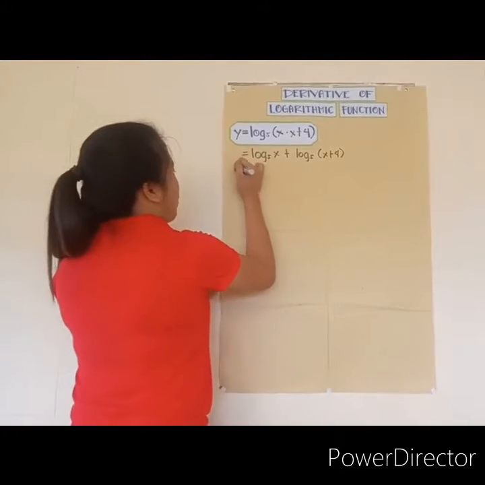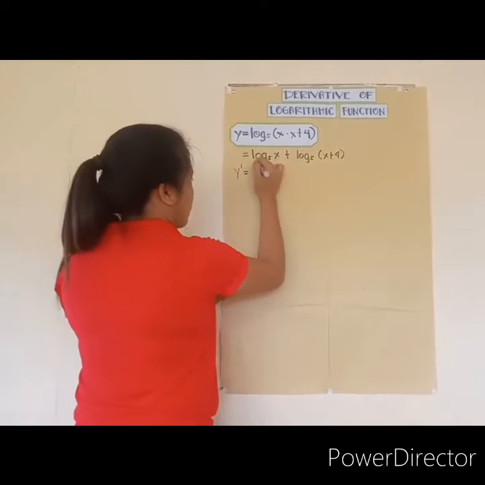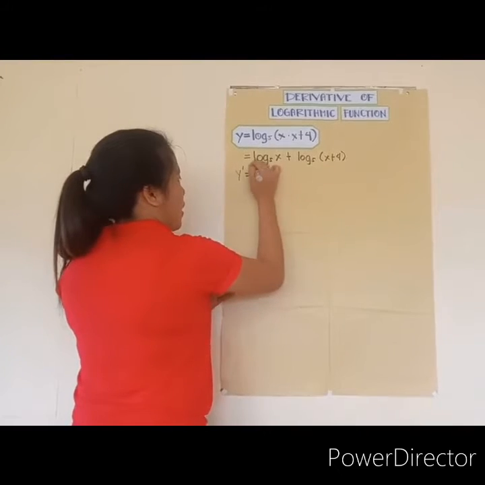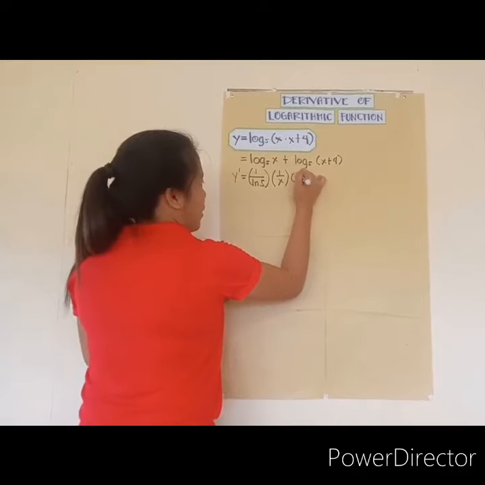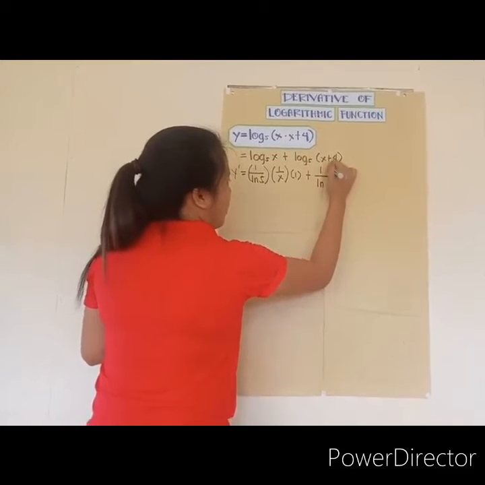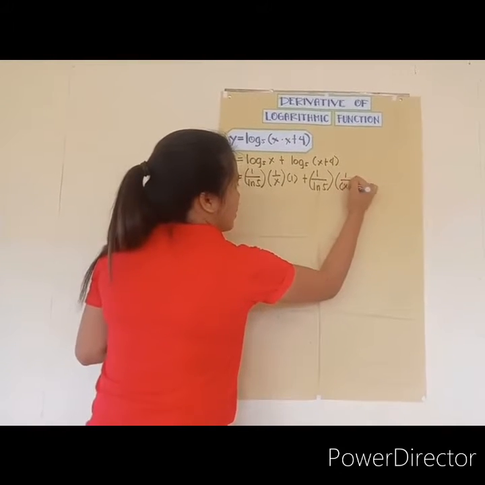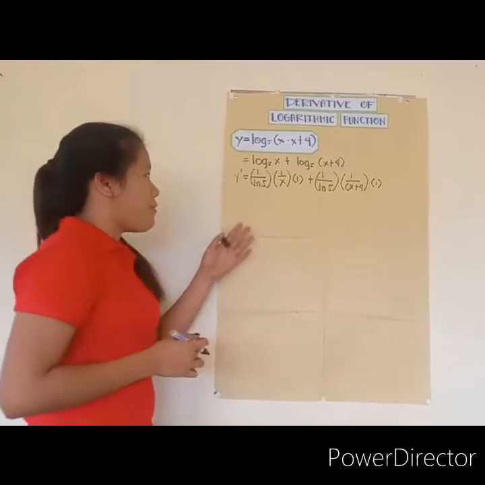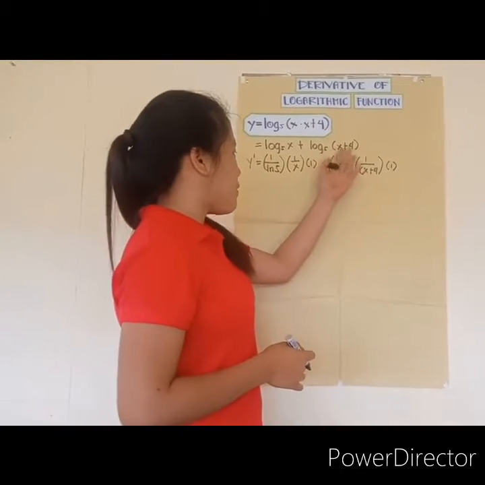So our y prime, or our y derivative, will become 1 over ln of 5 times the quantity of 1 over x times 1 plus 1 over ln of 5 times the quantity of 1 over x plus 4 times 1. So this is the derivative of log to the base 5 of x, and this is the derivative of log to the base 5 of quantity x plus 4.